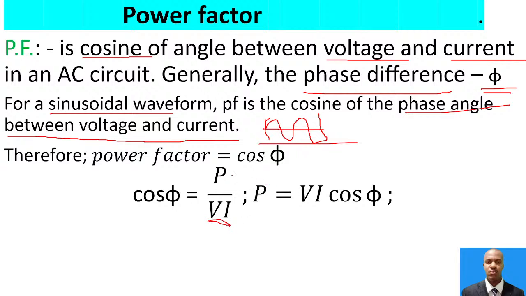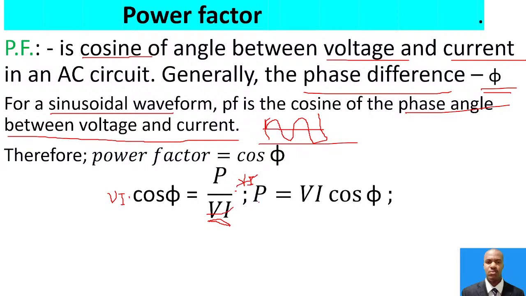If you make P the subject, simply multiply both sides by VI, and the VI on this side will cancel out.